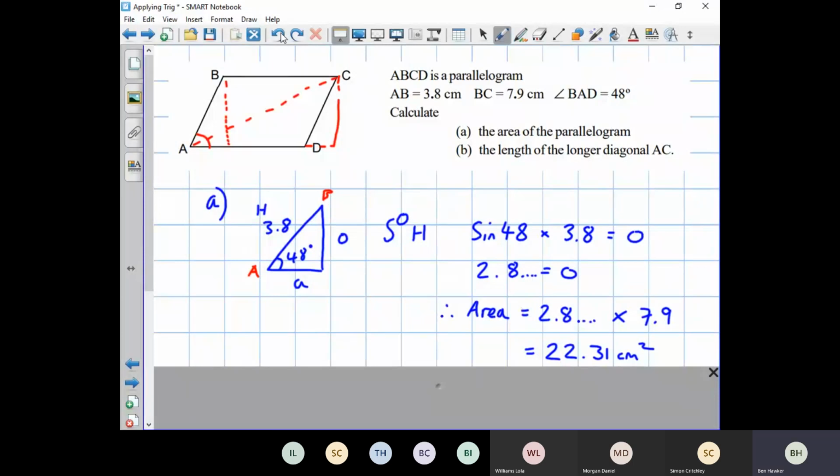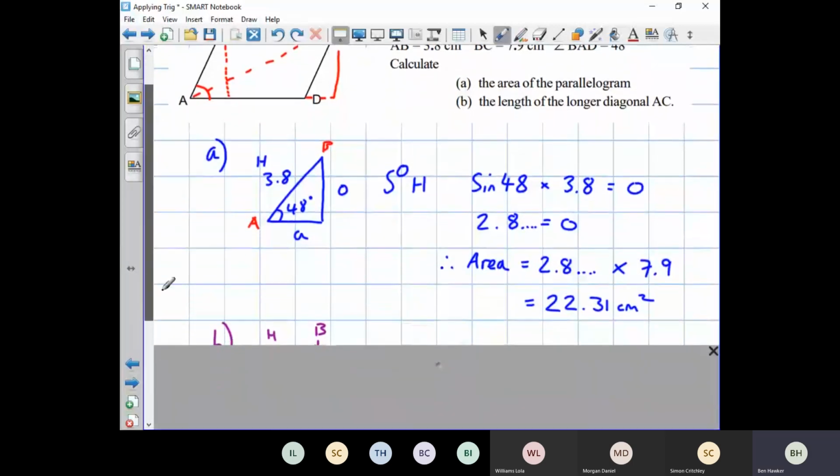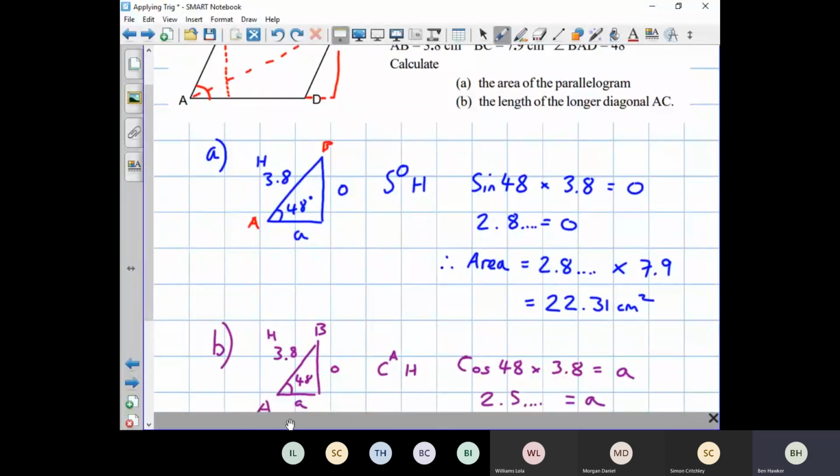But again, in these questions on shapes, we need to be really secure on our understanding of the properties of shapes. So the way I did it, and I did this literally a couple of minutes beforehand, so I'm hoping I've got this okay, I worked out what the adjacent was here, which is again 3.8 and 48 degrees.